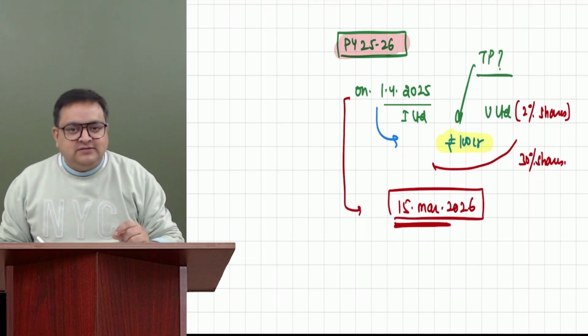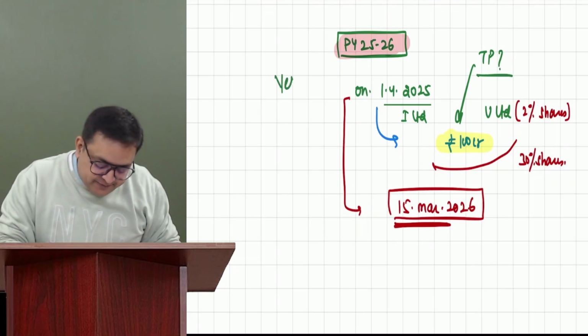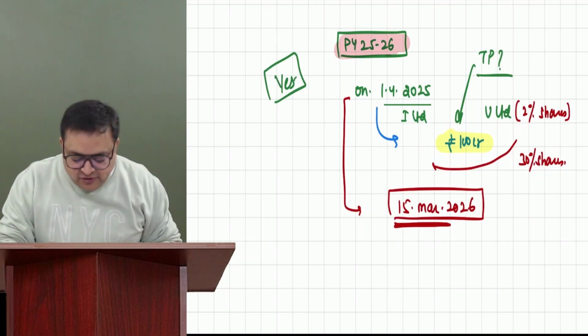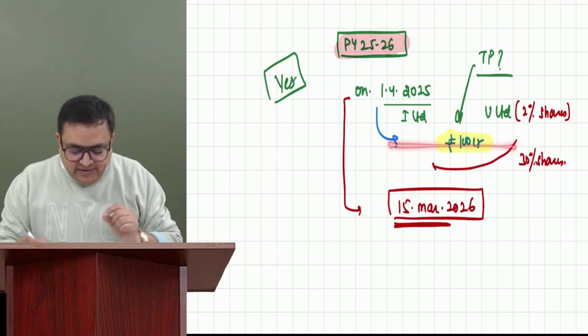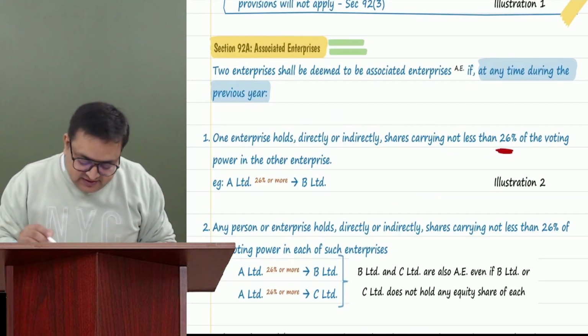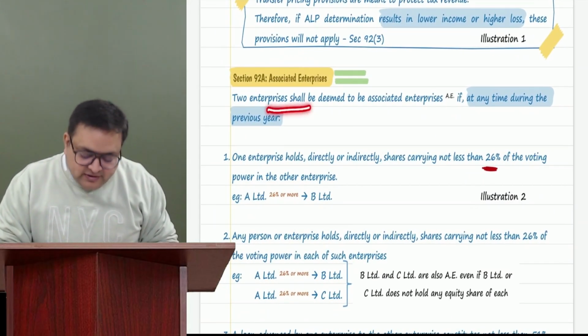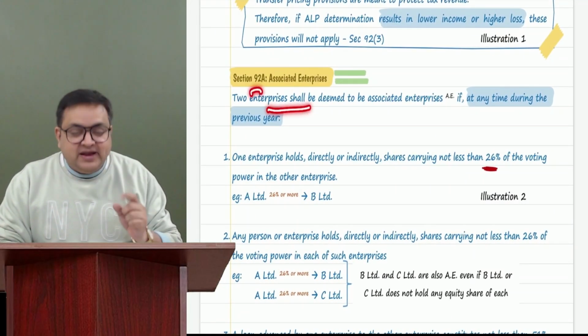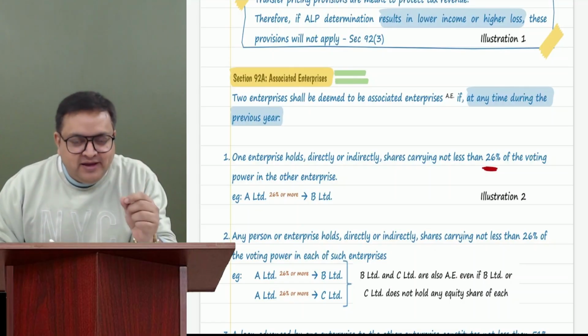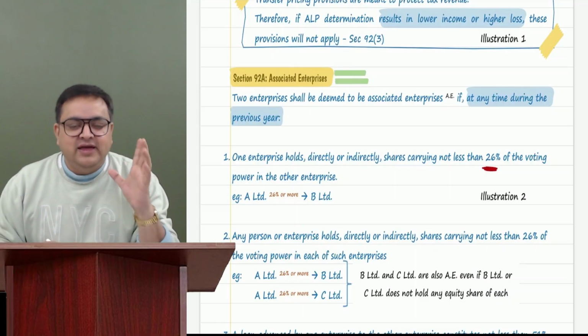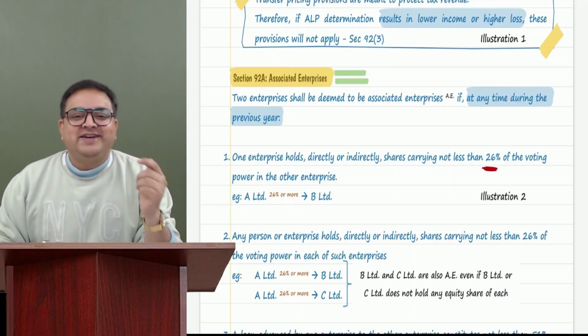The answer is yes, you will apply. Sir, on this date they were not associated. Doesn't matter, guys. You have not read this definition carefully. Which section are we doing? Section 92A. A for associated enterprises.